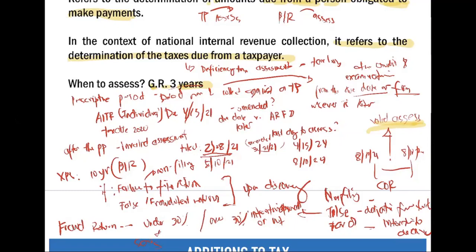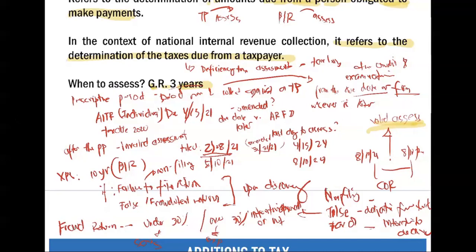If you understate your sales by at least 30%, it is considered fraudulent. If you overstate your expenses by at least 30%, it is considered fraudulent. It is intentional because that's too much of an overstatement or understatement under the code.